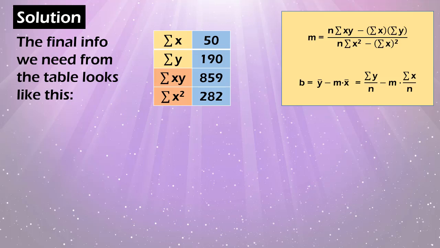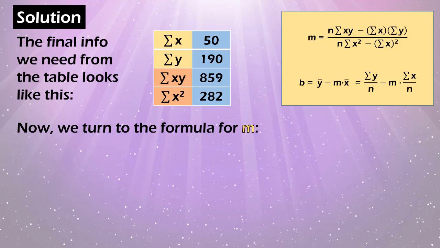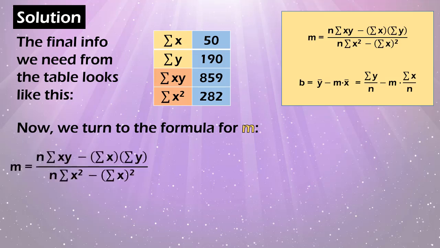Now we have all 4 values we need, so let's go ahead and look at our formulas. We'll start with the formula for M. M equals n times sigma xy minus the quantity sigma of x times the quantity sigma of y over n times the sigma of x squared minus the quantity sigma of x squared.